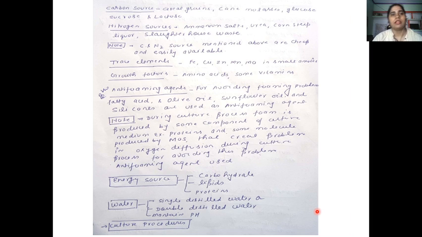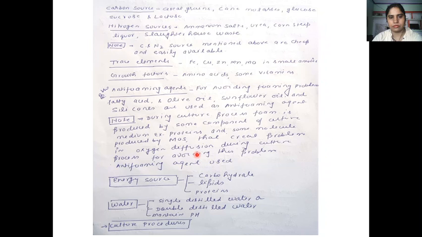Next, what is the carbon source and what is the nitrogen source? The carbon sources are cereal grain, cane molasses, glucose, sucrose, and lactose. These are the carbon sources used during this process.